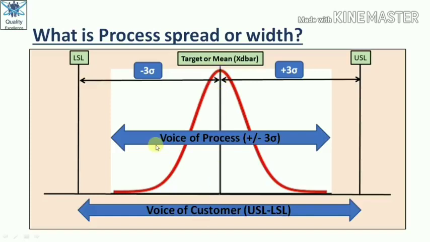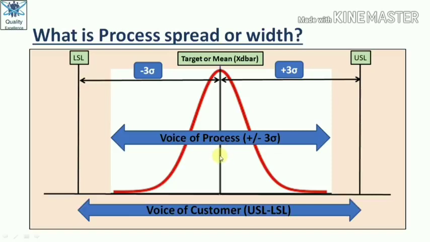This width, USL minus LSL, is known as the voice of customer, or the requirement of the customer. And this is our process width, which is also known as the voice of process, and which is normally plus or minus 3 sigma from the target value.